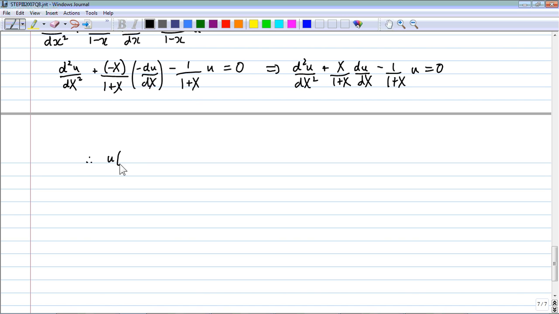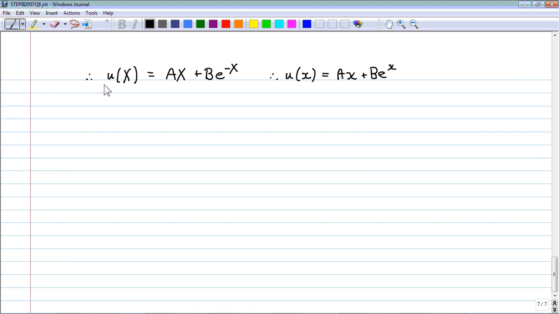So u as a function of capital X is indeed a times capital X plus b times e to the minus capital X. And since capital X and little x have a simple relationship, u of x is, well, a of x, the a can be opposite sign, plus b e to the plus x, like that.